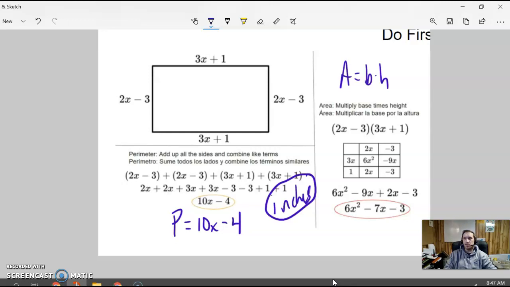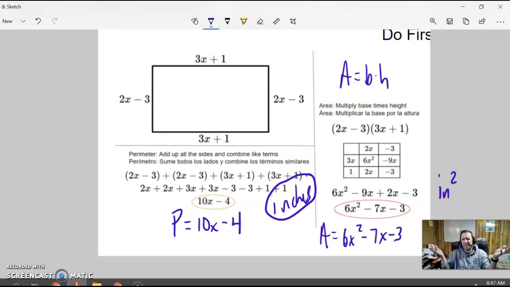Came up with 6x squared minus 9x plus 2x minus 3, and combined like terms in the middle here, negative 9x and positive 2x, and came back with this final area of this rectangle is 6x squared minus 7x minus 3. And again, that would be in inches squared because we multiplied a length times a length.